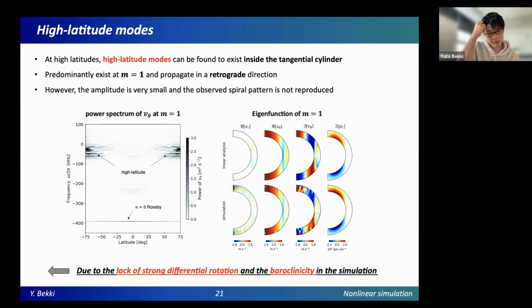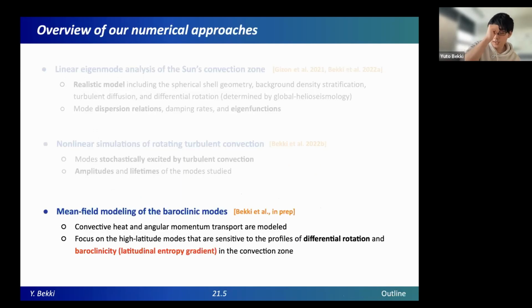And we think this is due to the lack of latitudinal differential rotation and the latitudinal entropy variation in our numerical model. And these are really hard to control in rotating convection simulation models because everything is self-consistently generated. And this is why we needed to resort to mean field modeling.